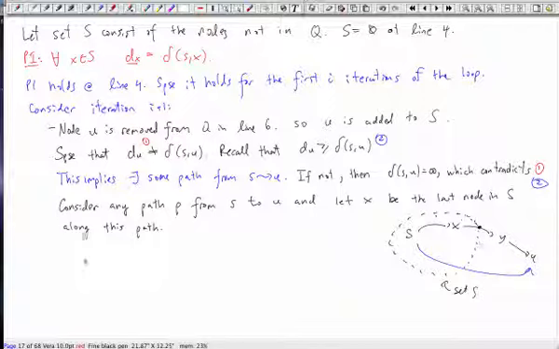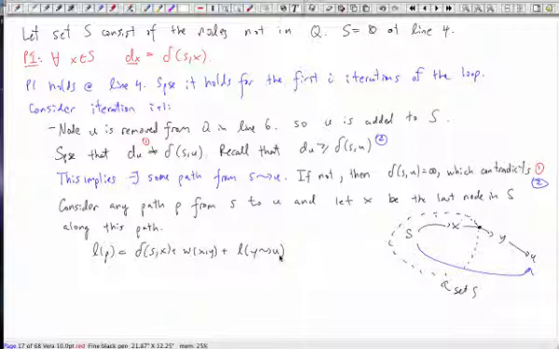So what can we conclude? The length of this path is going to equal the distance from S to X, the weight of this edge, and then the length of this part right here.